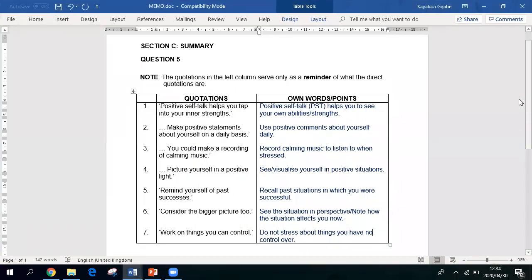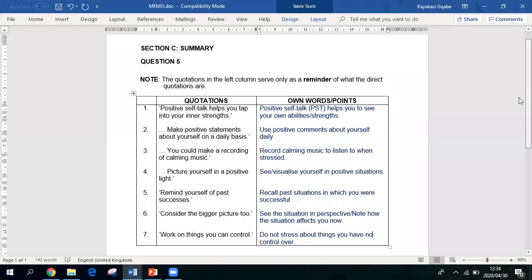Okay. All right, I hope you guys can see this. So under quotation, this is what was on the original text, and this was how it was summarized. If you look at point number 4, it says picture yourself in a positive light, okay?